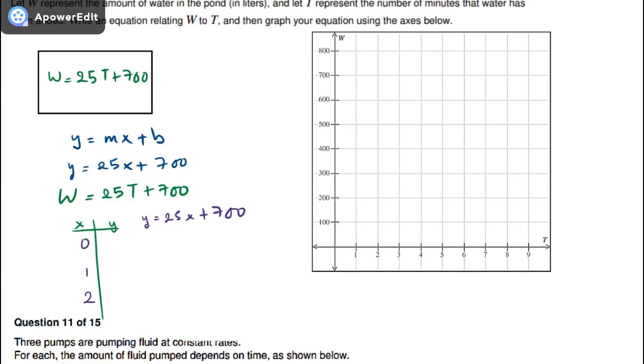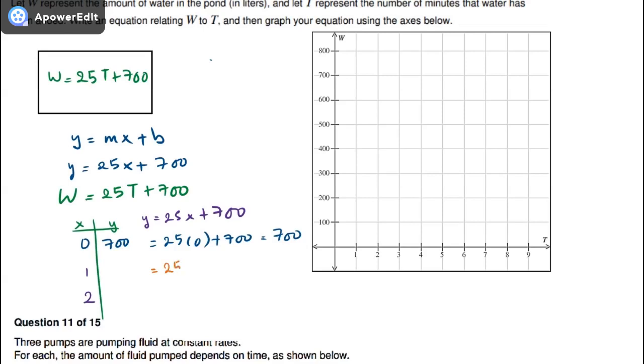We're going to plug in 0. So 25 times 0 plus 700. 25 times 0 is 0, plus 700 is 700. So corresponding to 0 is going to be 700. Then we're going to plug in the next one, which is 1.